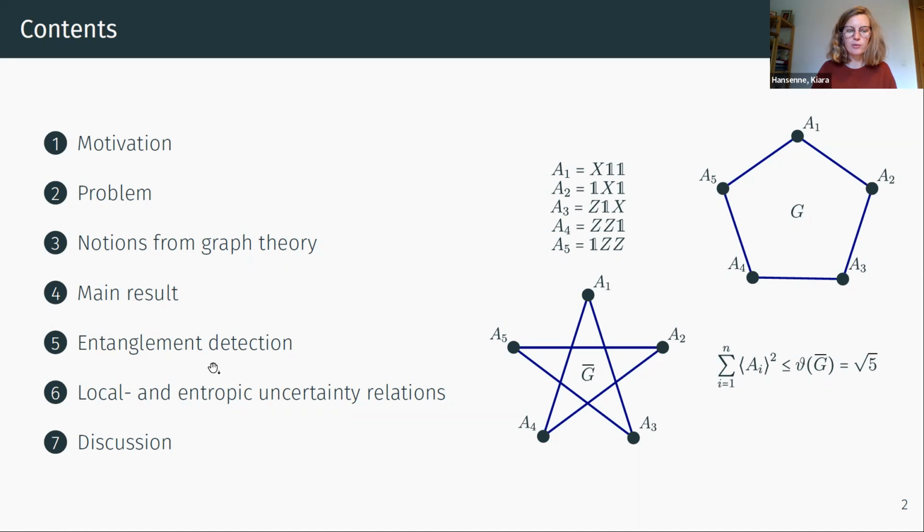Namely, we're going to talk about entanglement detection that we can do using the uncertainty relations we just derived, and then see how those uncertainty relations can also be used to derive local uncertainty relations and entropic ones. And then when we're done with all this, we will close with some discussion.